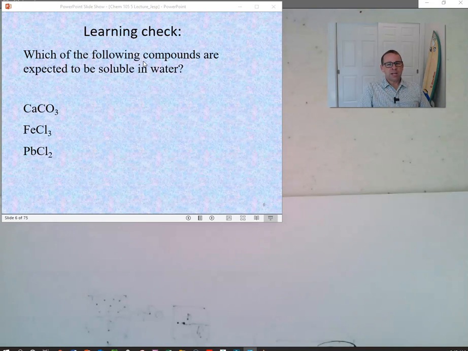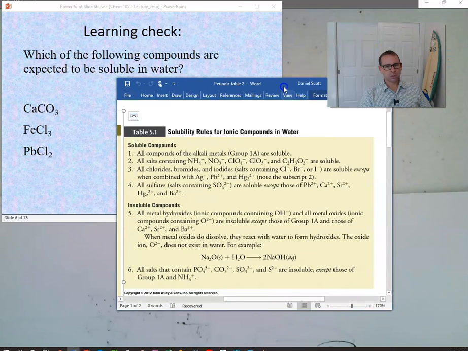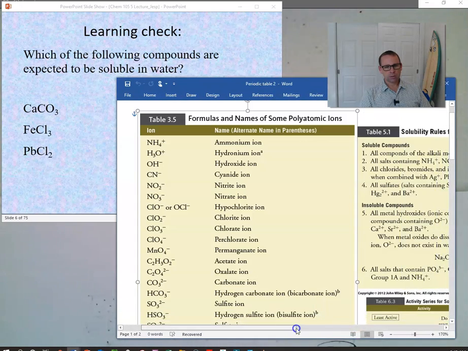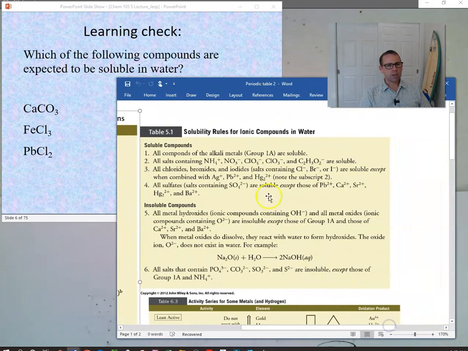Now, let's use that chart to try to find out which of the following compounds are expected to be soluble in water. Okay? So I'll bring the chart up here, and you can look on yours if you want to, or you can look here on the computer, on the screen. But the first one, what is the name of this compound here? Do you know?